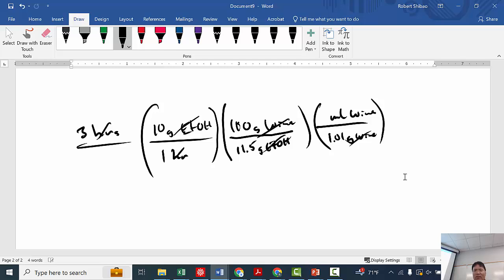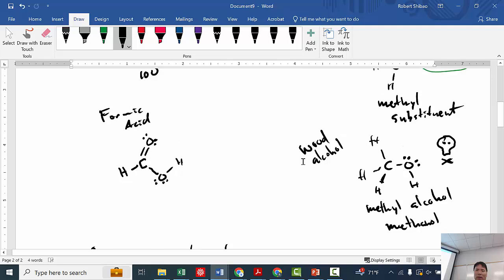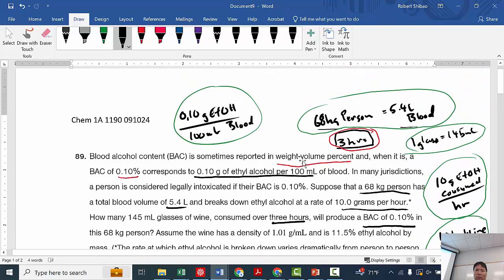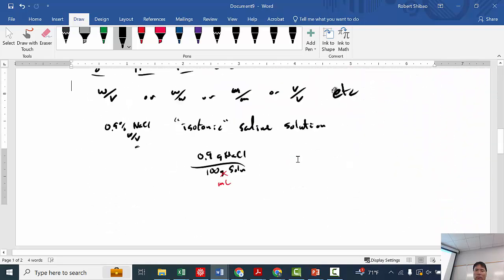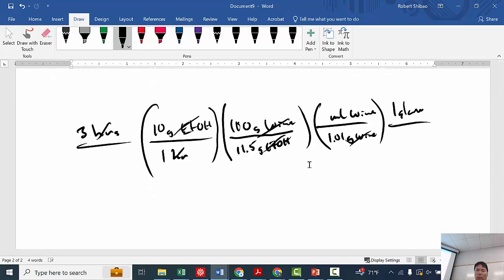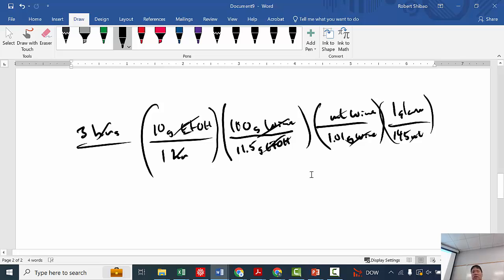And so now I have milliliters of wine, and then I know 1 glass of wine contains 145 milliliters. And so this tells me how many glasses of wine I can have that are going to be completely digested.